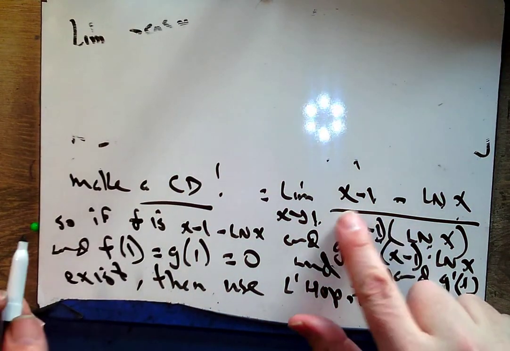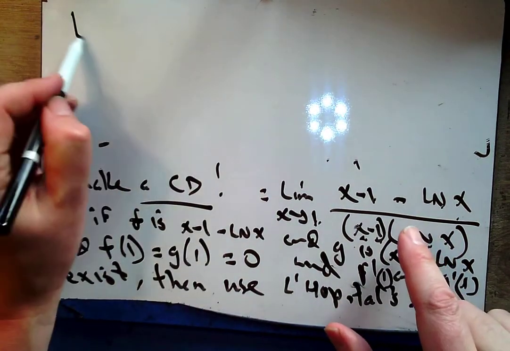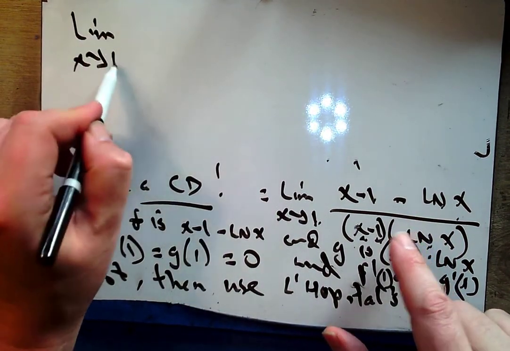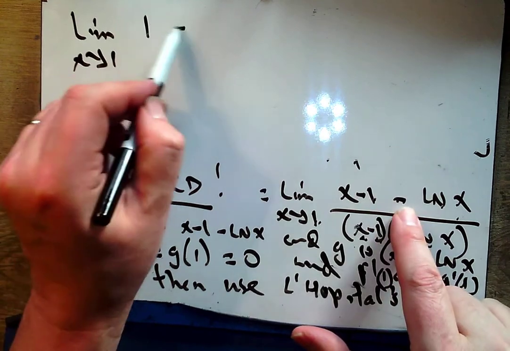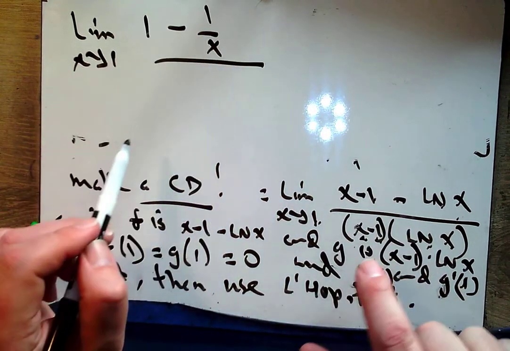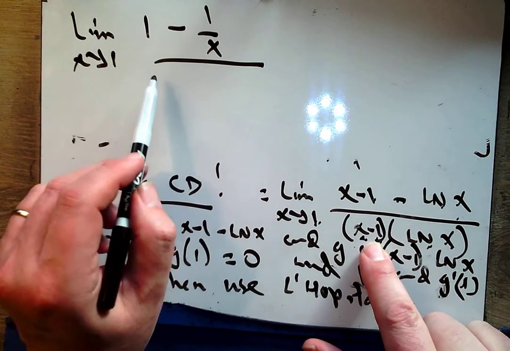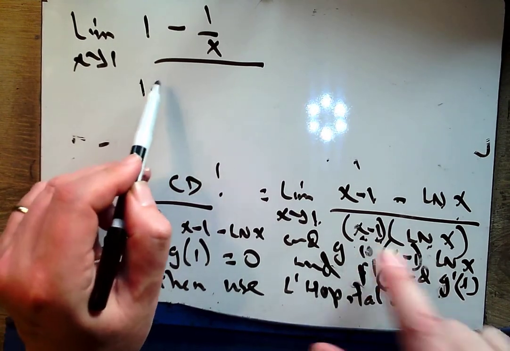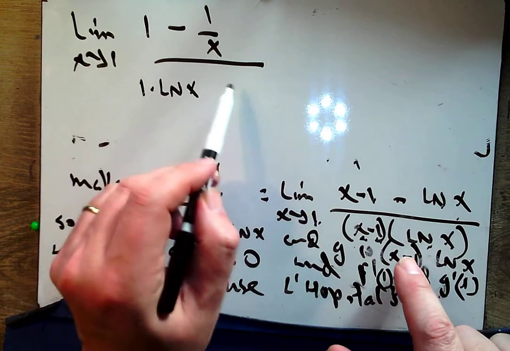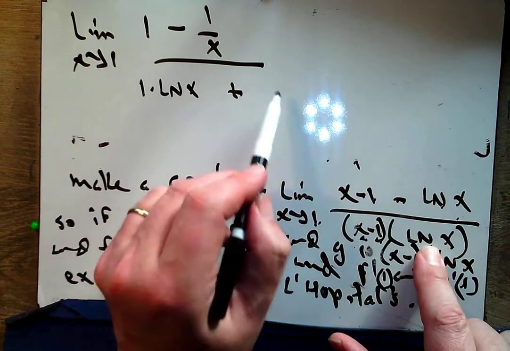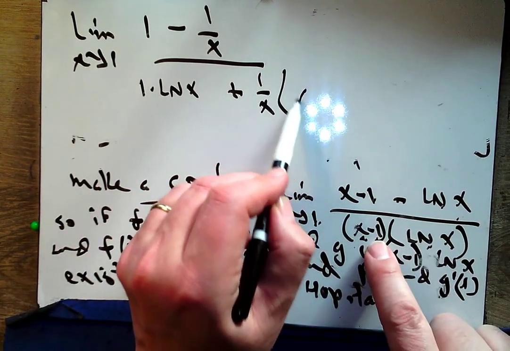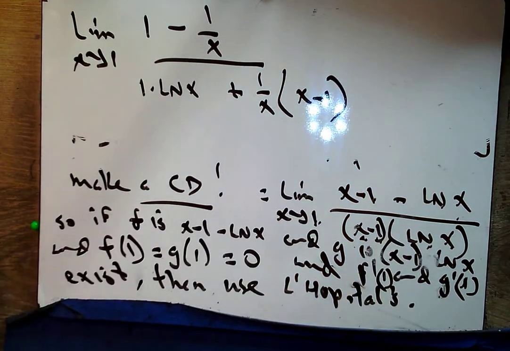I'm taking the derivative here. I'm going to have the limit as x heads to 1 of 1 minus 1 over x. And here, that's right, I have to use the product rule. So the derivative of this is 1 times ln of x plus the derivative of that times x minus 1. Okay?